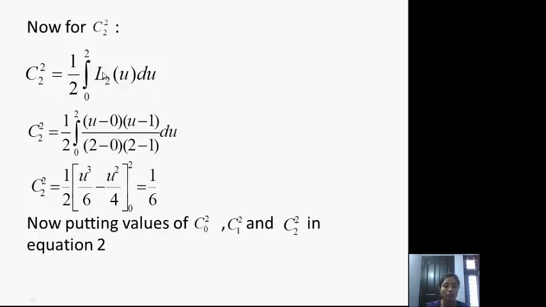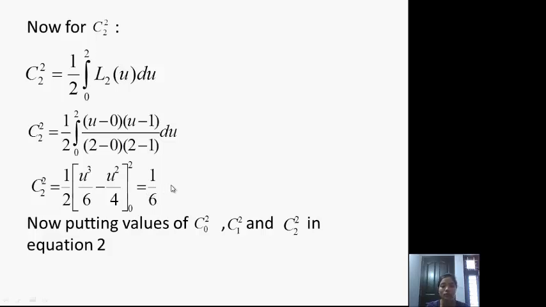Now for C_2^2, again we have to integrate the value of L_2(u) du, and our value for this is by our formula (u minus 0) into (u minus 1) upon (2 minus 0) into (2 minus 1). Now integrating this function and after substituting the limits, we will find our answer for C_2^2, that is 1 by 6.